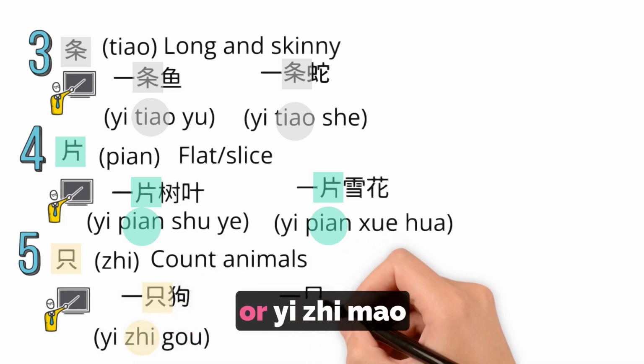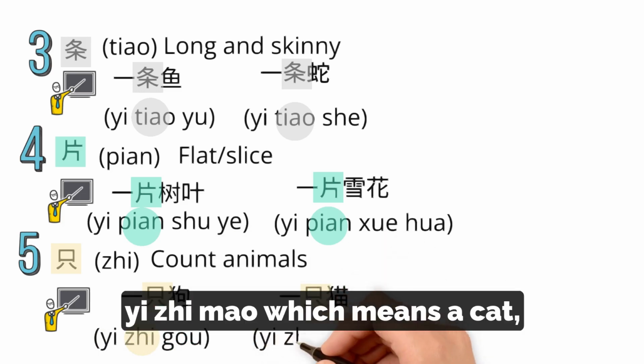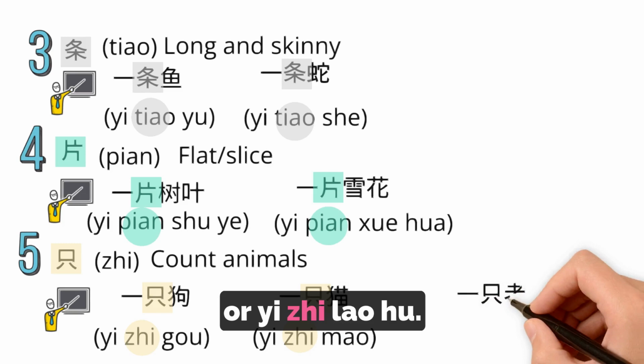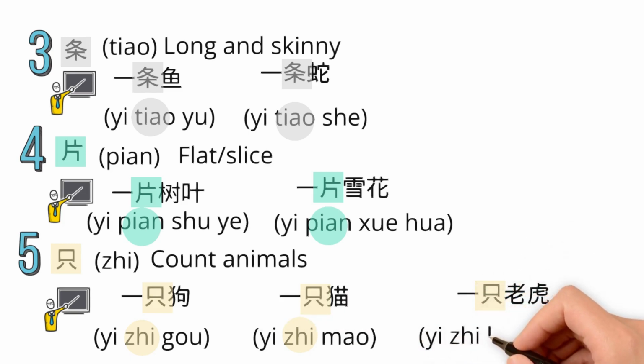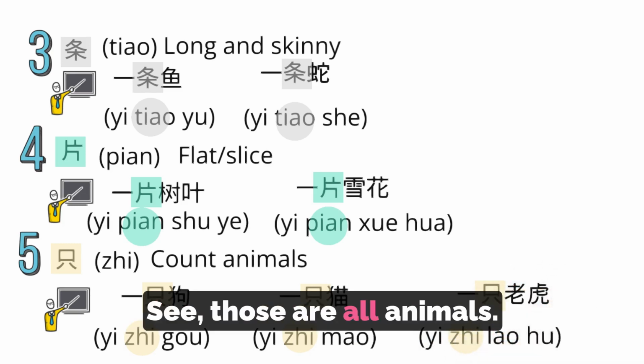Or 一只猫, which means a cat. Or 一只老虎, which means a tiger. See, those are all animals.